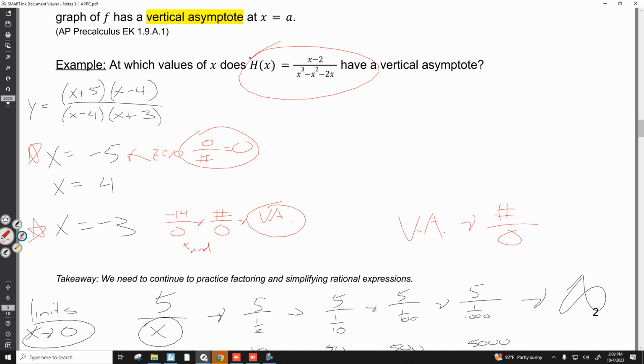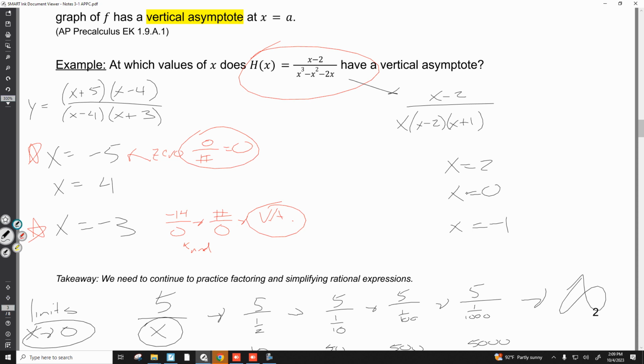Okay. I guess we did factor it up above. We have x times x minus 2 times x plus 1. Again, just like what we did, we identify the zeros. I got a 2, I got a 0, I got a -1.